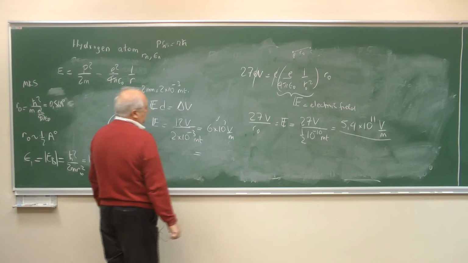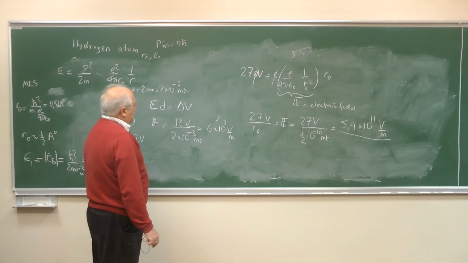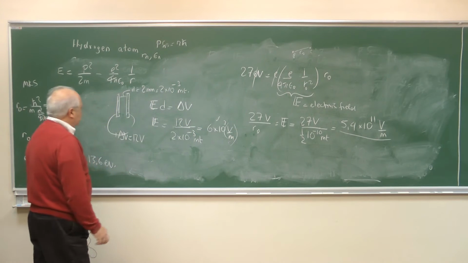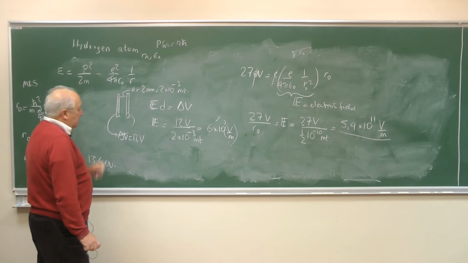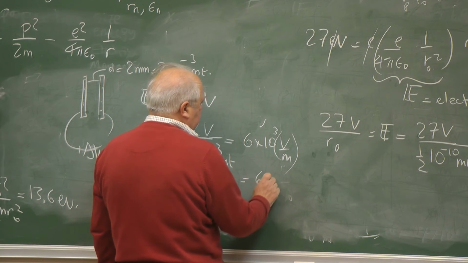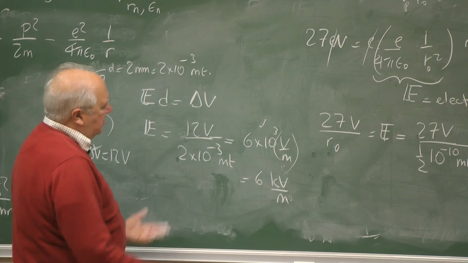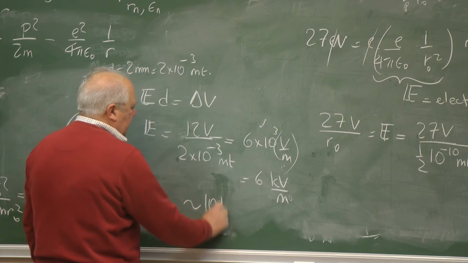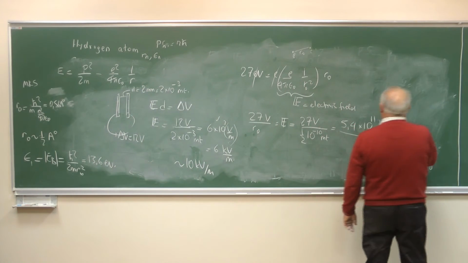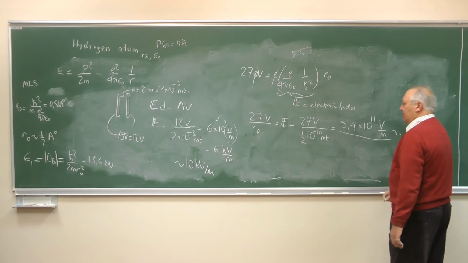All right. These are the electric fields we encounter in daily lives. We have capacitors and things like this. So 10 to the 3 volts is 1000 volts, or kilovolts. So it is 6 kilovolts per meter. So roughly speaking, let's say, of the order of 10 kilovolts per meter. And the atomic field we can just say is something like 10 to the 12 volts per meter as an order of magnitude.